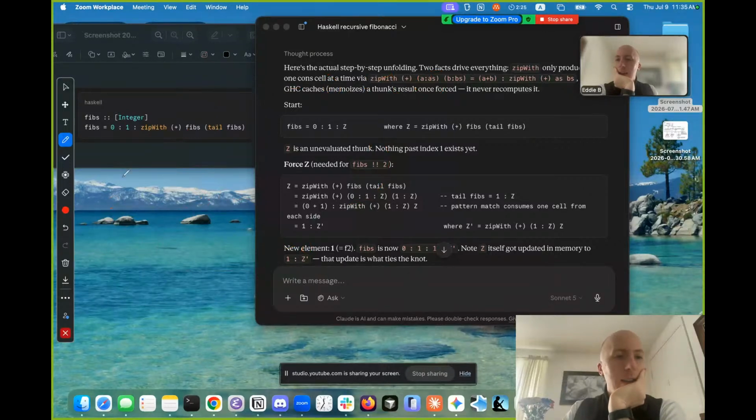So given that, fibs is 0, const with 1, const with Z. And if we ask for fibs of 2, then we have to evaluate Z. And Z is equal to fibs and tail of fibs.